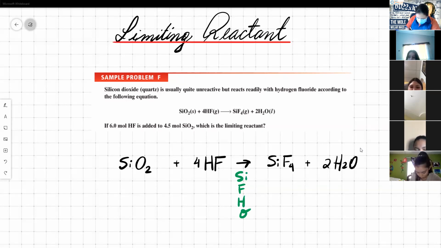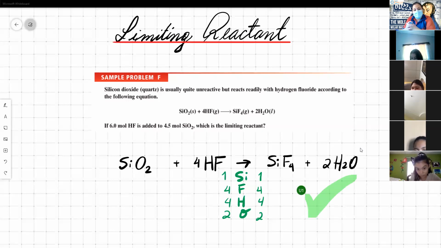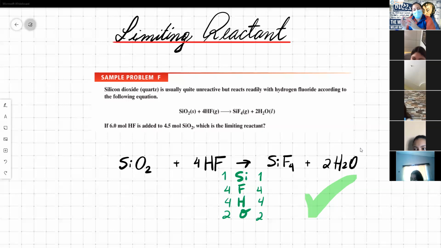So let's see. 1 against 1, 4 against 4, 4 against 2 times 2 that makes 4, and 2 against 2 times 1 that makes 2. So as you already said, yes, it was balanced, but it's also a good thing that we always check if the equation is balanced, because you don't know if Martinez is crazy and she's going to give you one coefficient but not the other one.